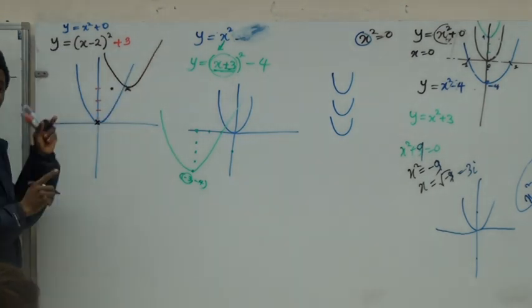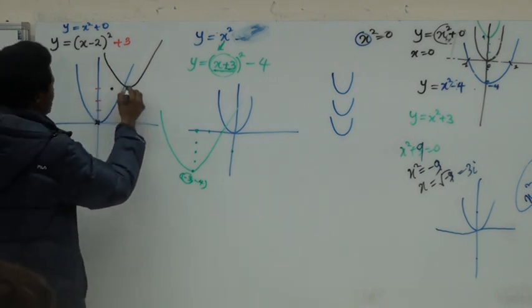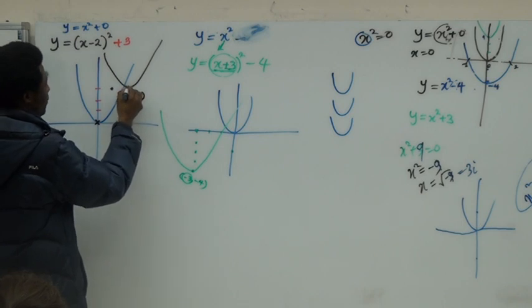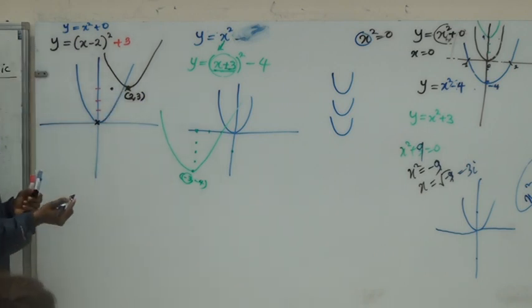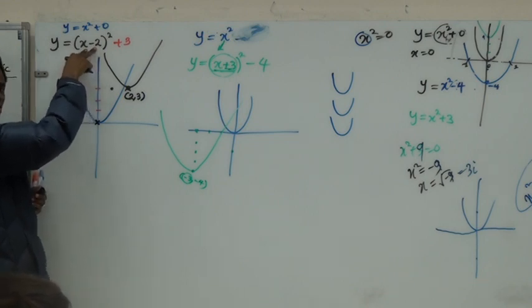It means this equation has no real roots. Are you with me? So this point is what? x is equal to 2, y equals 3. So the turning point is at x equal to 2, and that also justifies that when this bracket is equal to 0.